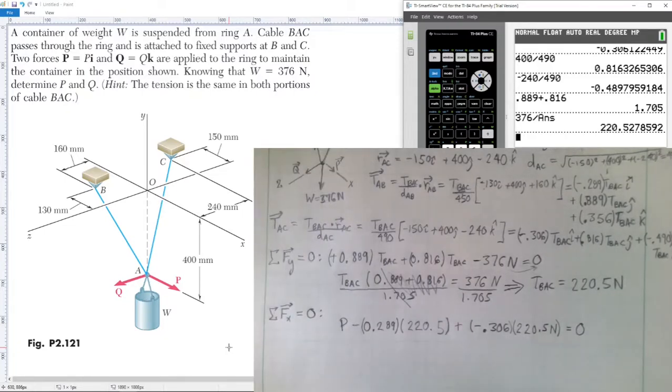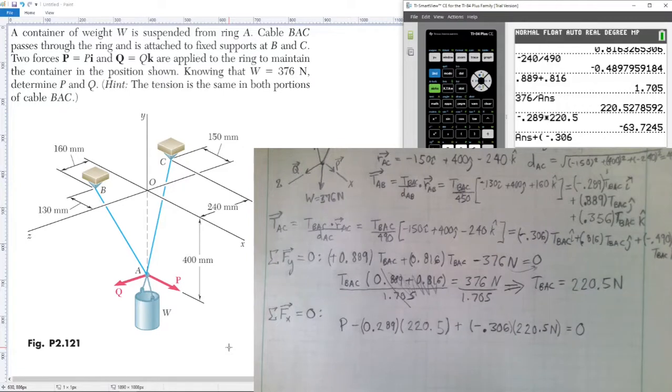So going back to the calculator, negative 0.289 times 220.5, and then plus, in parentheses, negative 0.306 times 220.5.